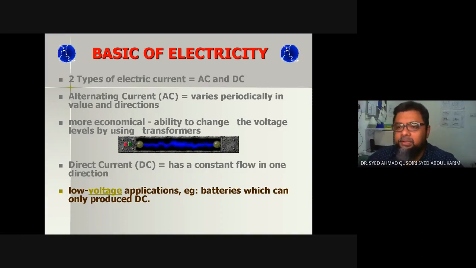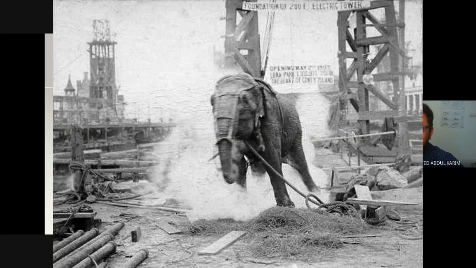There was an incident where, to prove his point, Mr. Edison wanted to show the danger of using alternating current. He made a demonstration of electrocuting an elephant with AC.